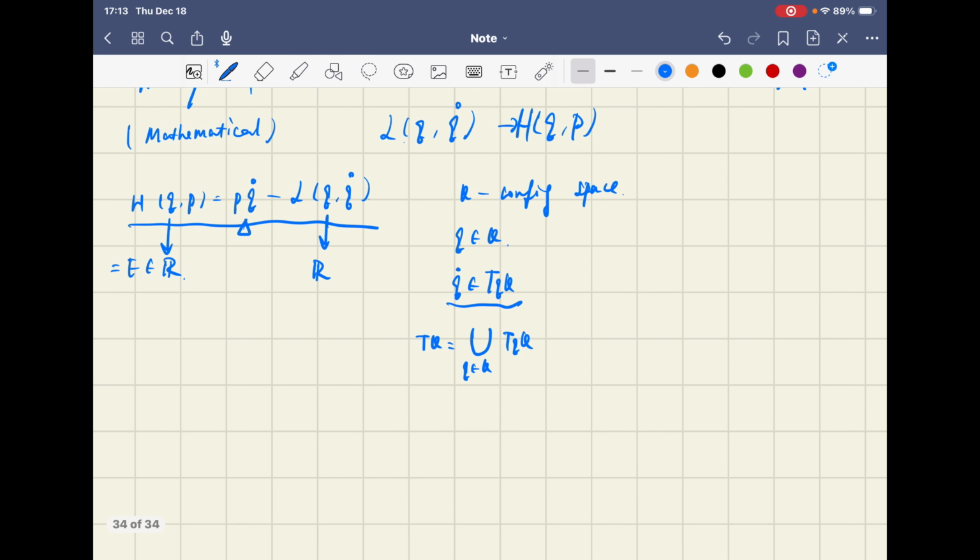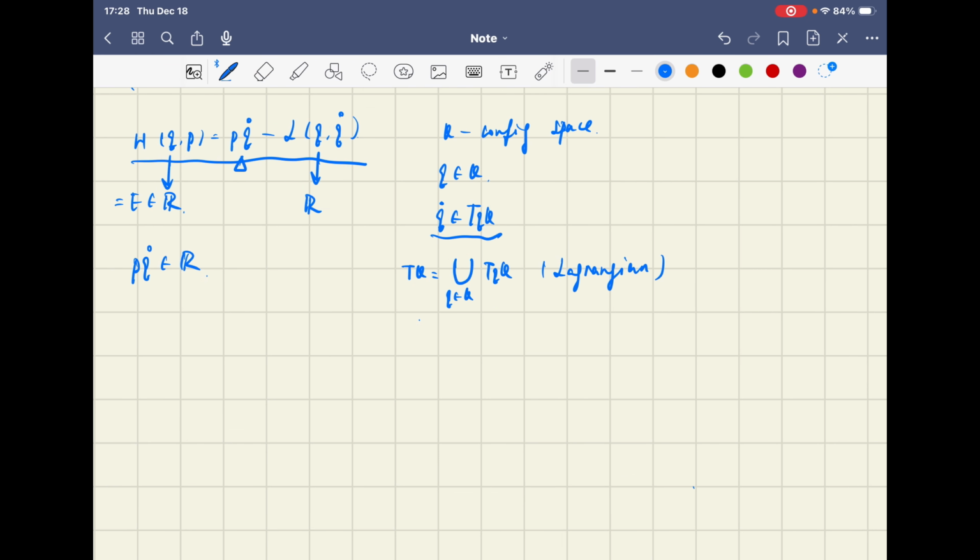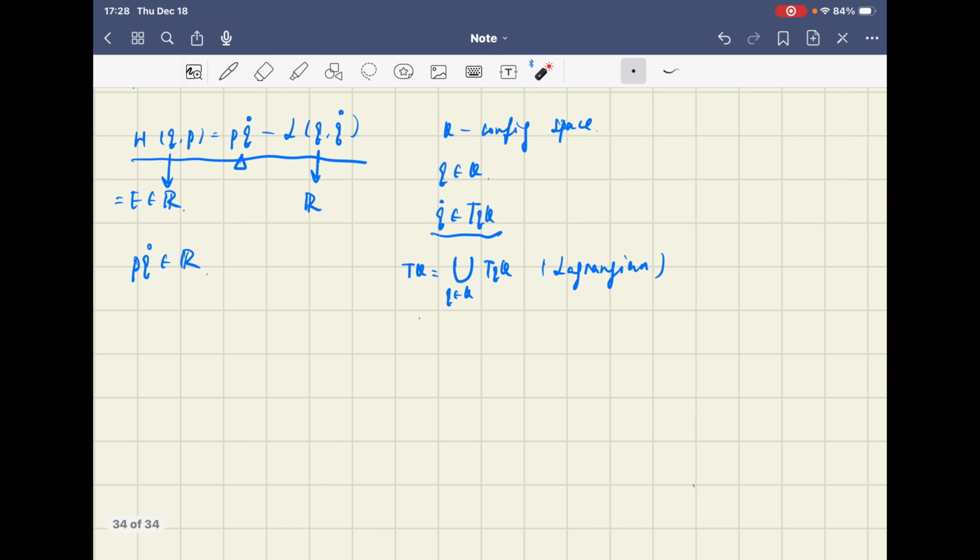So with that being said, p q dot must be a real-valued thing as well. Here we can actually view p as a function of q dot, since it eats something that belongs to the tangent space of q and spits out something in the real space, a real number.